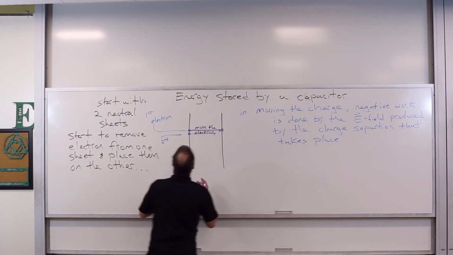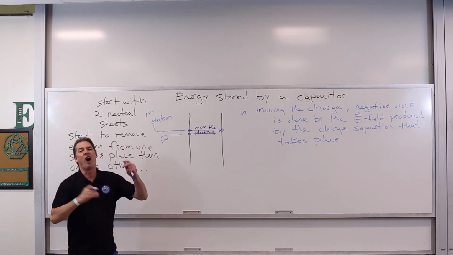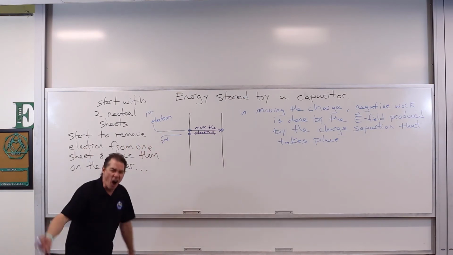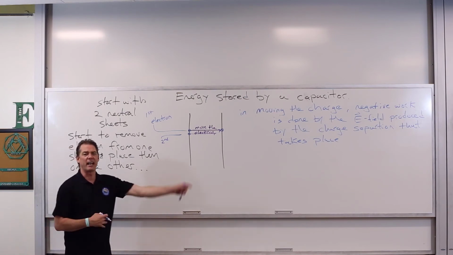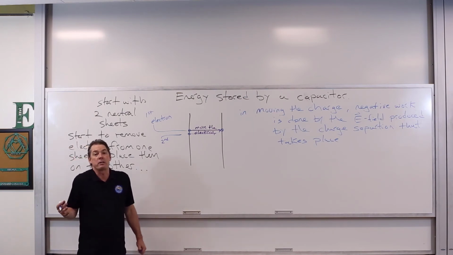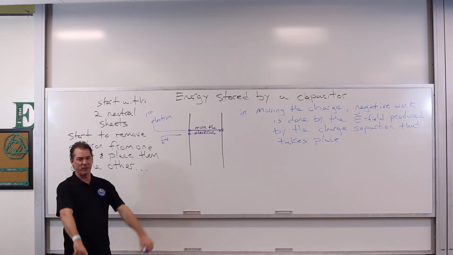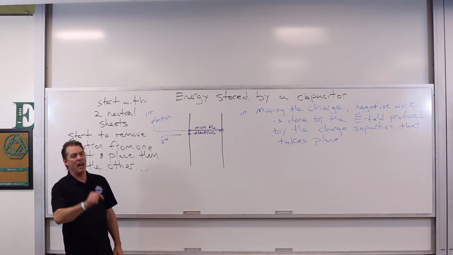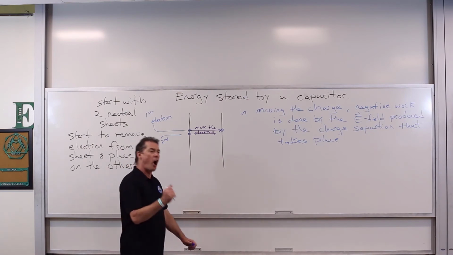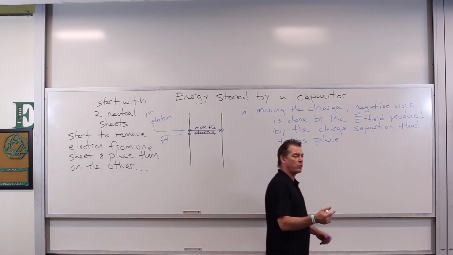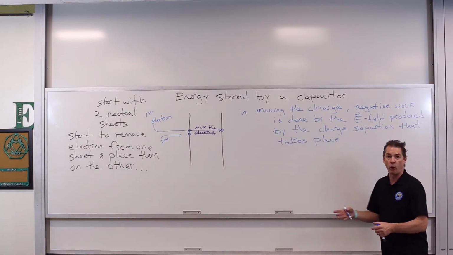Then what? Well, then we move another one. That one's even harder. Move another one. That one's even harder. Move the next one, the next one, the next one. We start moving millions over. Billions maybe. A whole bunch of electrons. And every one successively is harder to move than the last one, and more energy is stored.